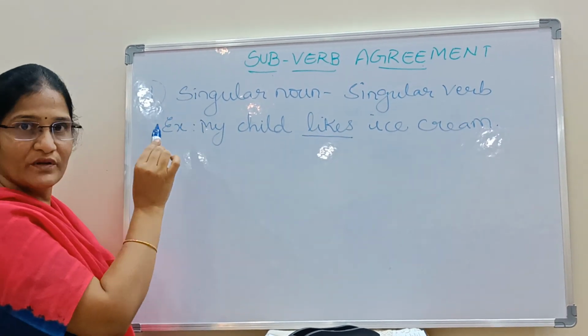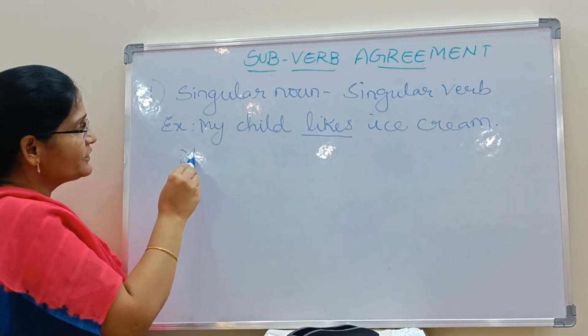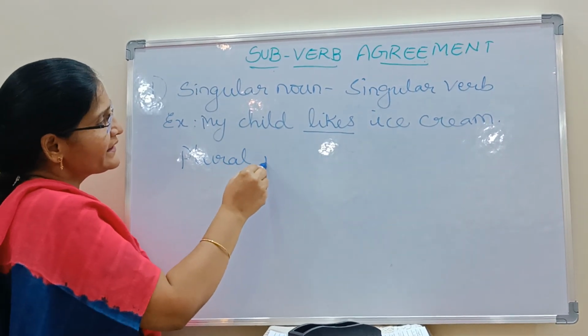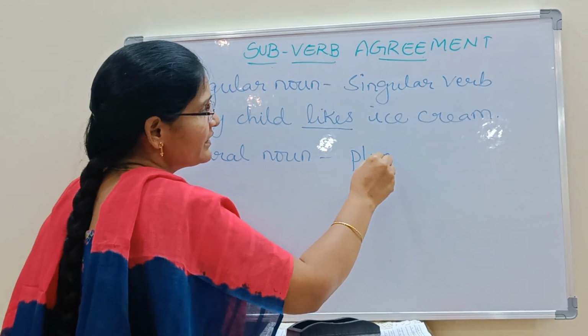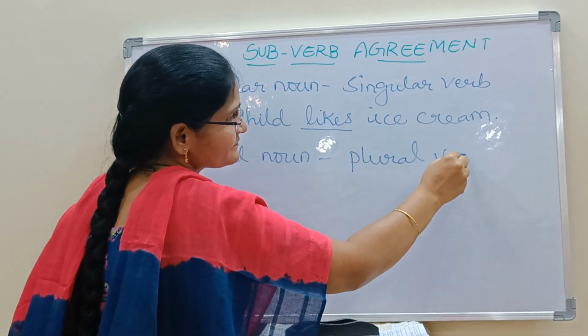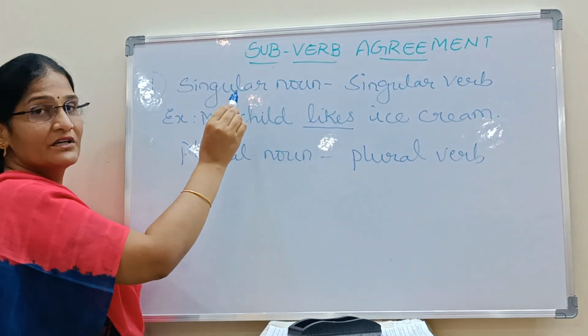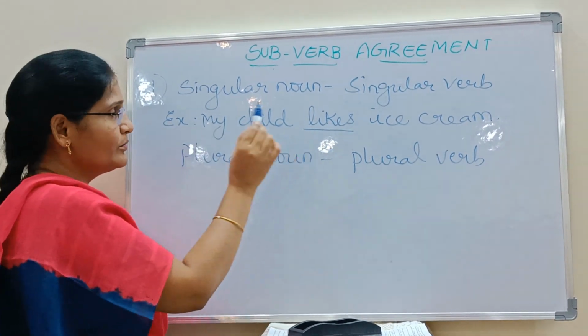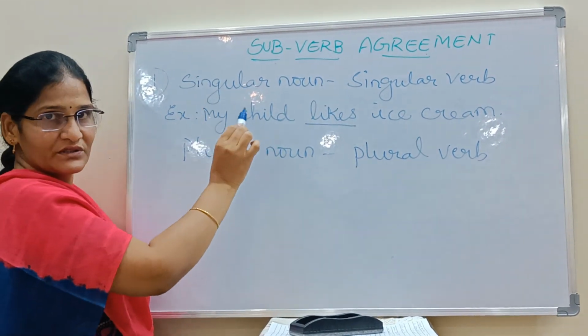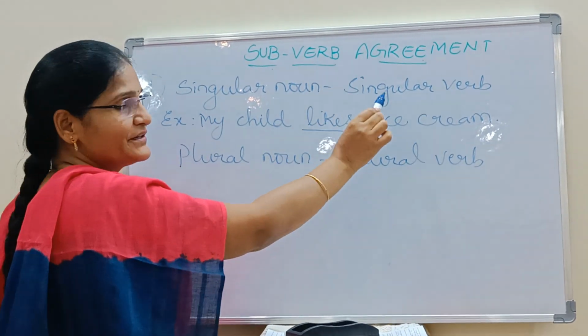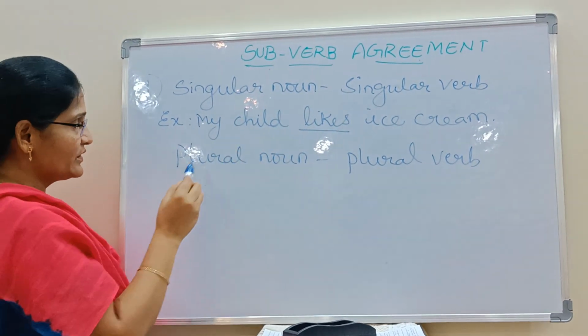Then in the same first rule, if you are using a plural noun, you have to use a plural verb. You are not supposed to use a singular noun with a plural verb, or a plural noun with a singular verb. So this is the rule: singular noun, singular verb; plural noun, plural verb.